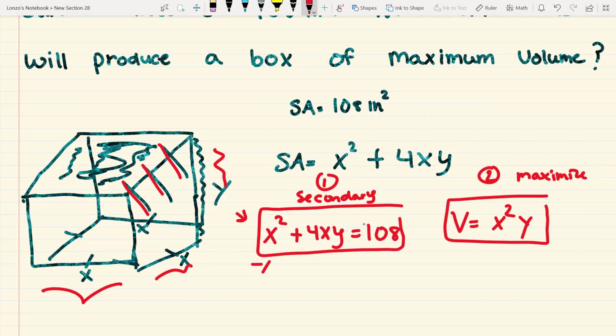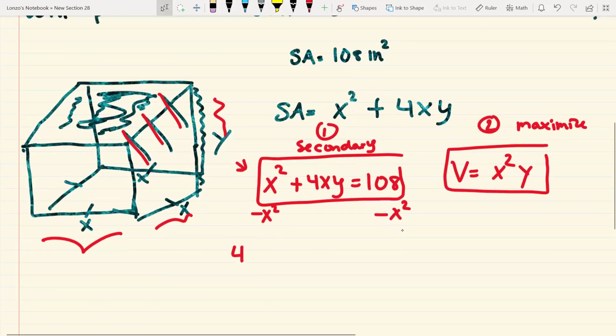So how do we solve for y? I'm going to first subtract x squared from both sides. So I get 4xy equals 108 minus x squared, right? Then I'm going to divide both sides by 4x.